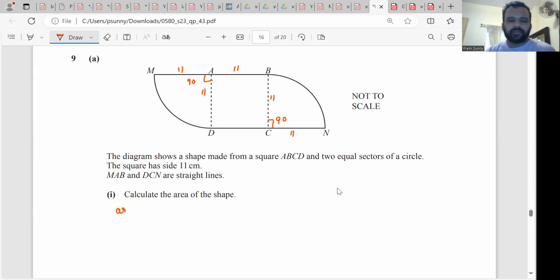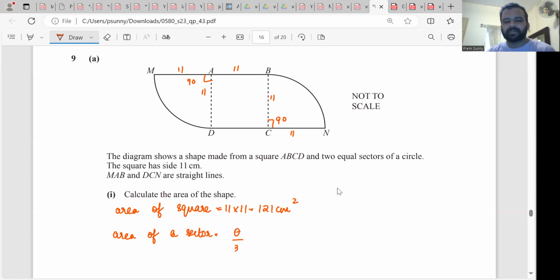So area of the shape, first I'll find out the area of the square. Area of square is equal to side into side, that is 11 into 11. This is 121 centimeters square. What I'm going to do is find out the area of one sector and multiply by 2 because I have two equal sectors. Area of a sector is theta, that is the angle, divided by 360 into pi r square.